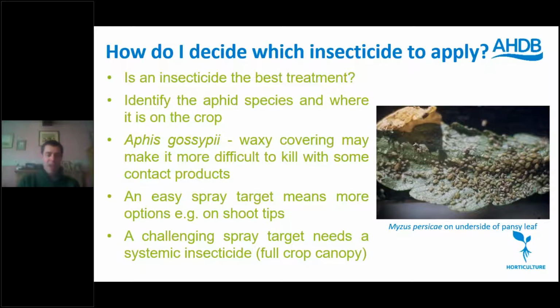Also, the general habit of that aphid, it doesn't present itself on the shoot tips normally, so it's not easy to get good spray coverage. So a couple of decision factors there. And where you've got a challenging spray target like aphids normally are, you're really looking at systemic type products, and we'll come on to products in a bit more detail on some of the following slides.